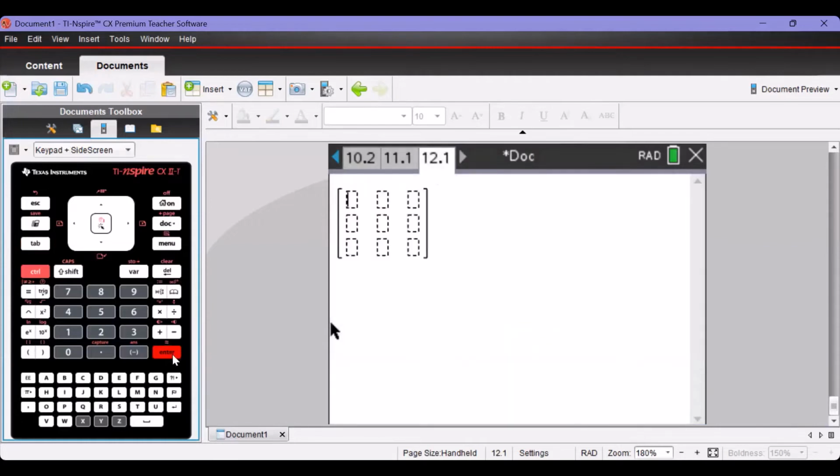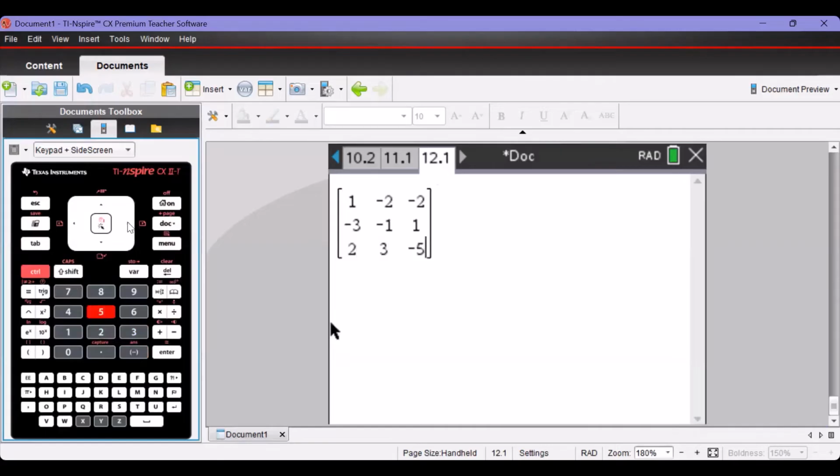Now let's enter in the coefficients. So 1, -2, -2, -3, -1, 1, 2, 3, -5.